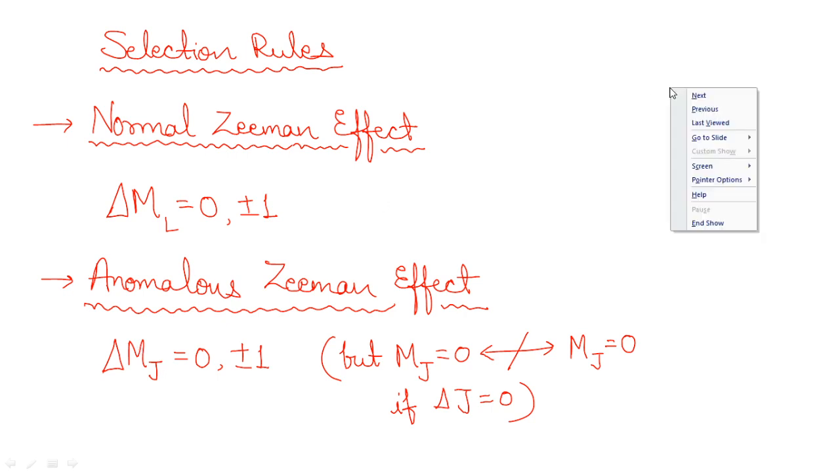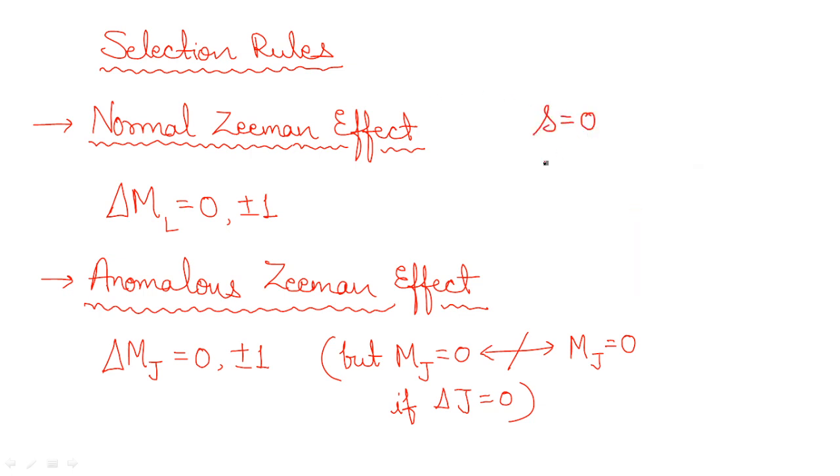In the normal Zeeman effect, we consider that spin is 0. Spin is 0 means what? We know J is equal to L minus S or L plus S. So if spin is 0, J is equal to L, and that's why here we write the selection rule for delta ml.